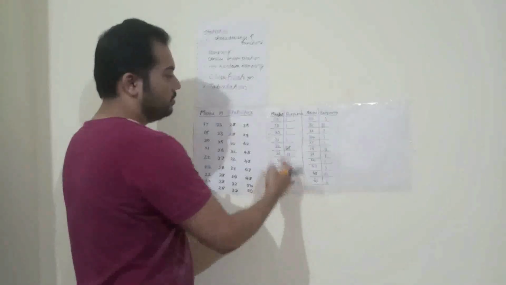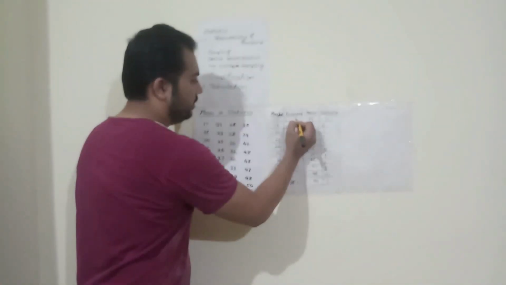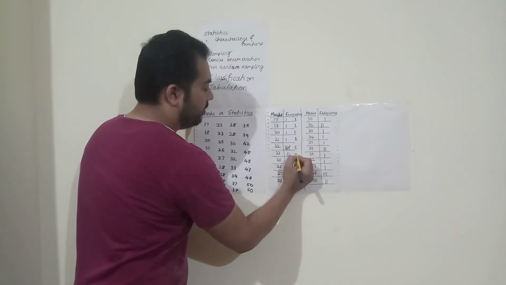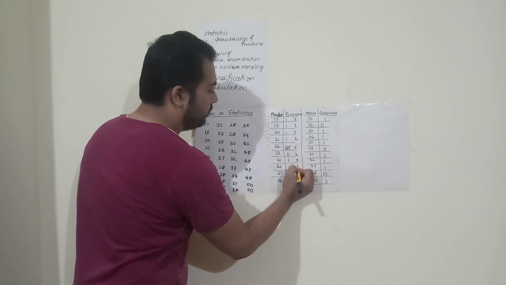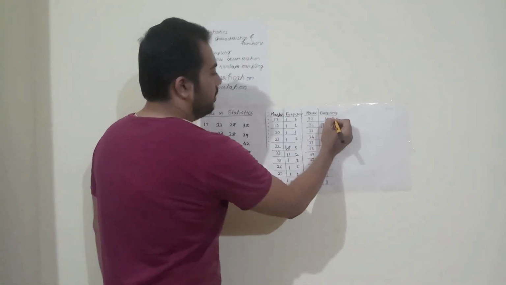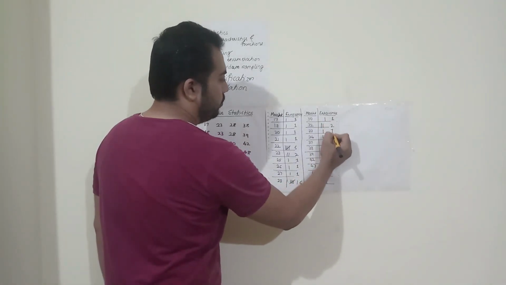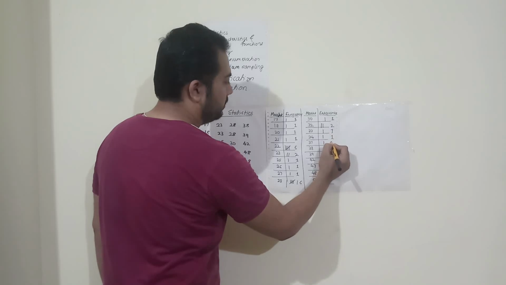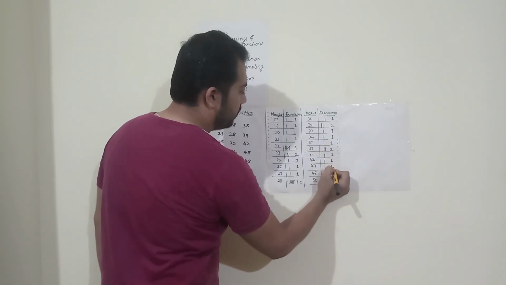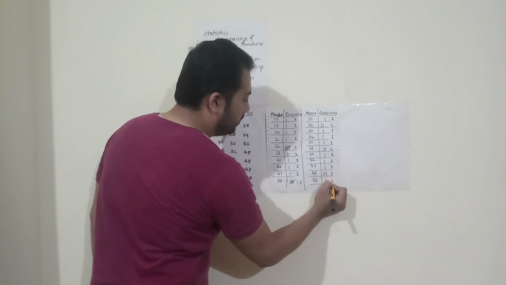Let me write it in the numeric form. These are the tally marks. So this is 1, this is 1, this is 1, this is 5, and then 2, 1, 1, 1, this is 6. Then 1, 2, 1, 1, 1, again 2, this is 1, this is 1, this is 1, 3, and then 2.